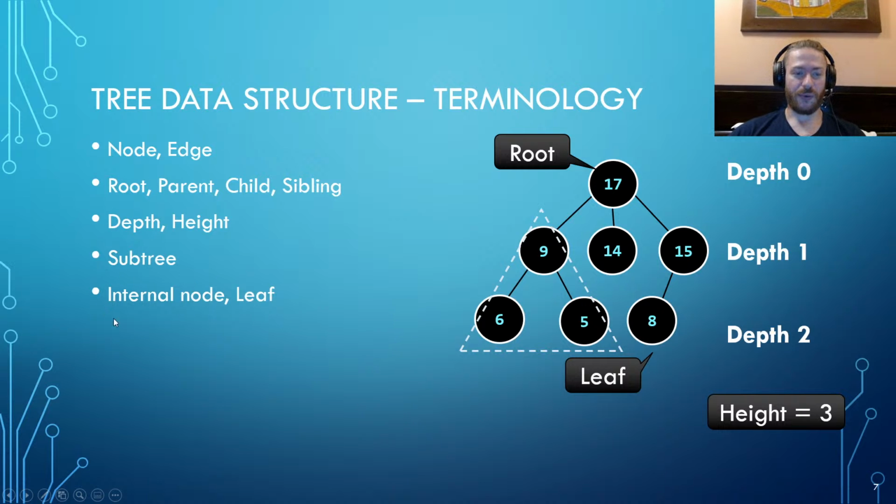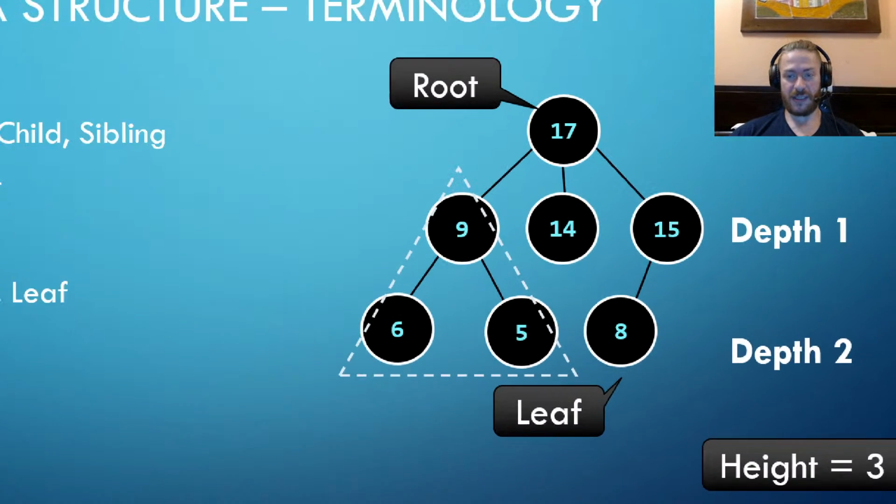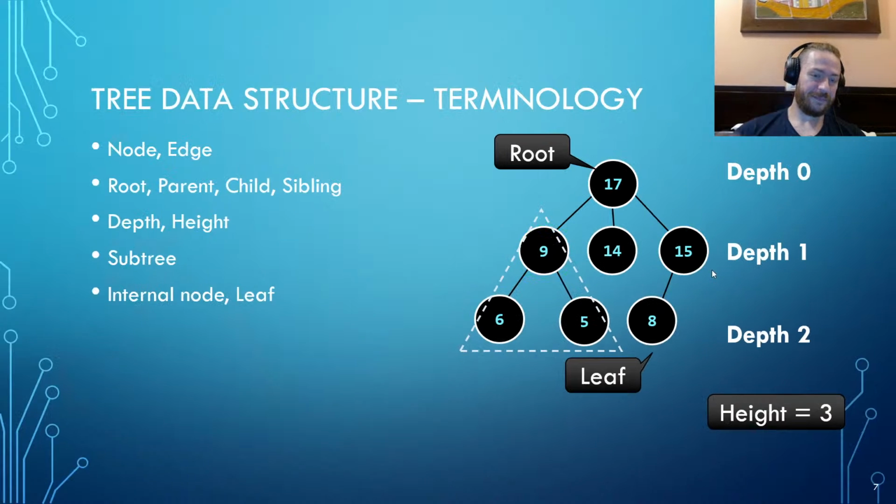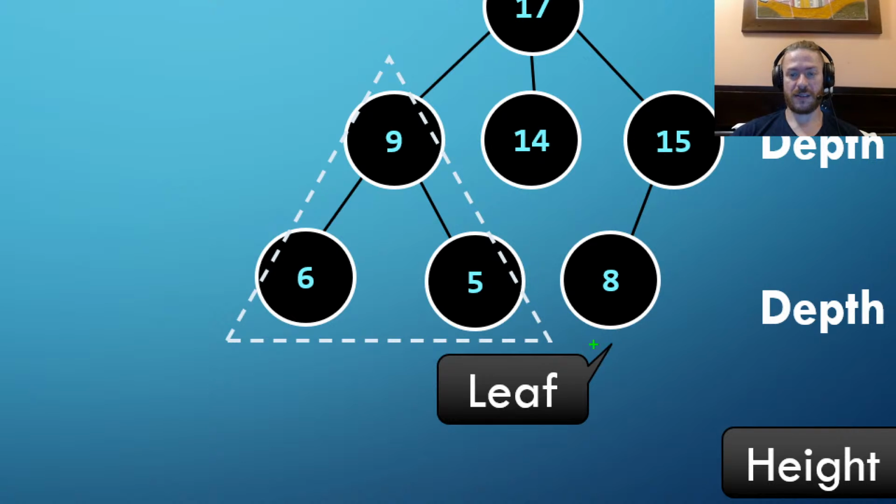What's an internal node? Internal node is a node which has at least one child. So this is an internal node and this is an internal node. We have a leaf, and a leaf is a node without any children.